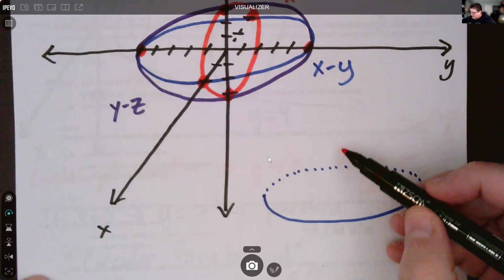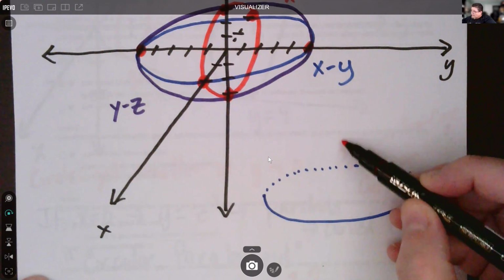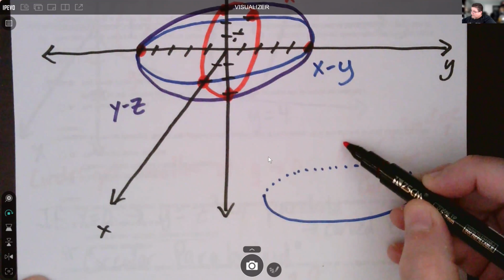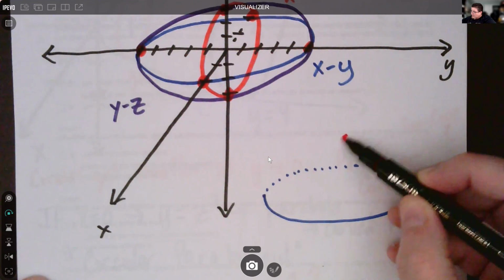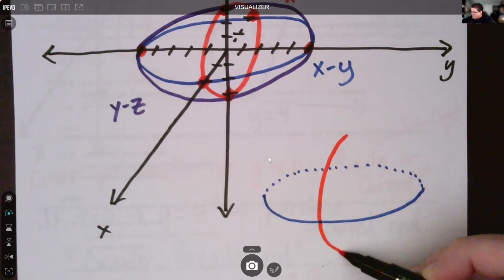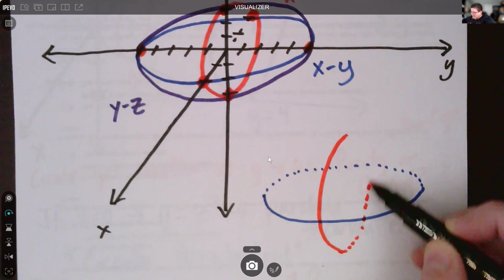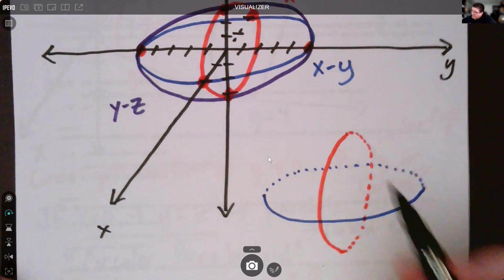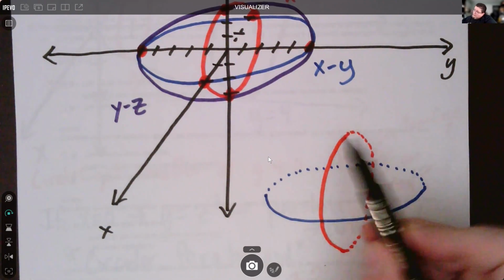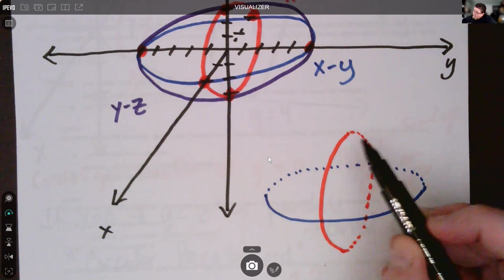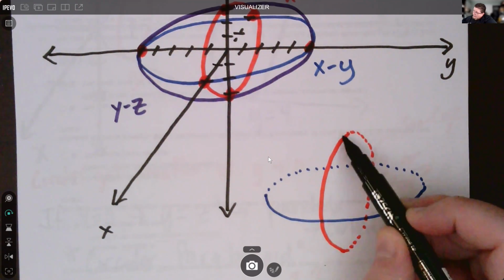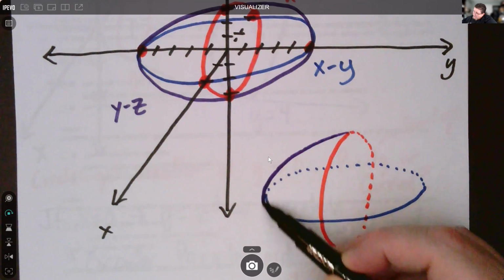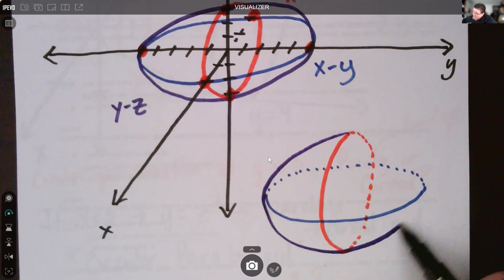And then finally our xz or yz plane is in the paper itself.